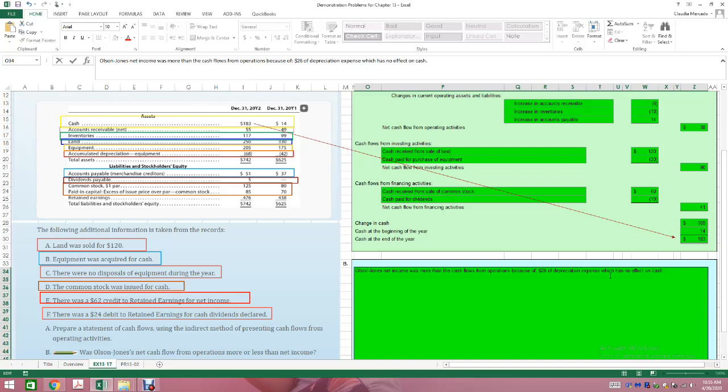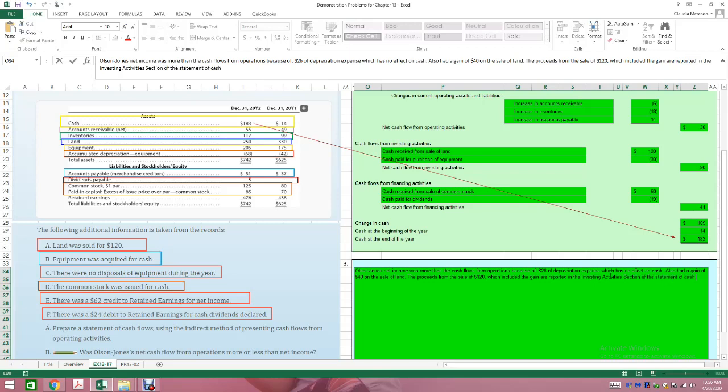Okay? We also had a gain of $40 on the sale of land. The proceeds from the sale of $120, which included the gain, are reported in the investing activity section of the statement of cash flows.